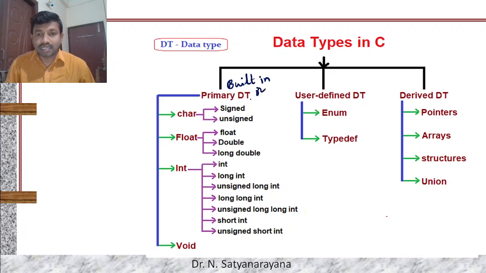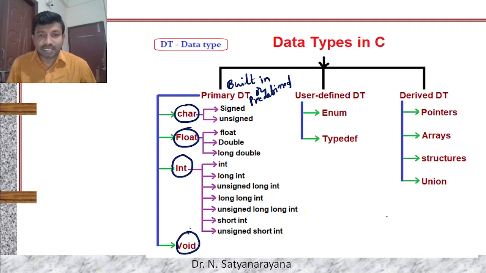These are also called predefined data types in C. In fact, the most important data types that we initially start using are character, int, float, and void. So we call them predefined, built-in or primary data types. These data types are supported by the C compilers. You can see different flavors of these data types.